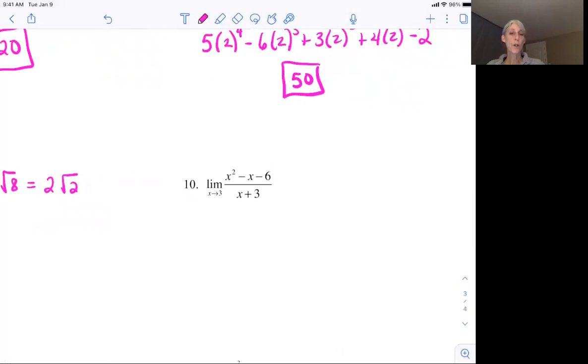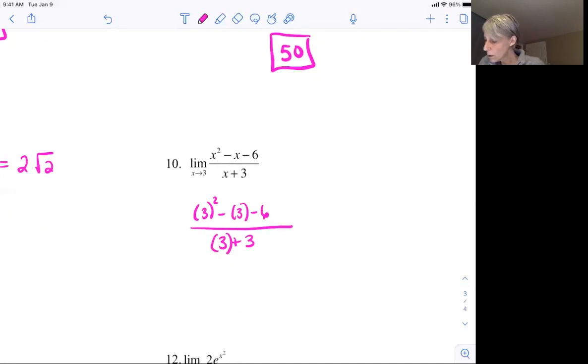The limit as x approaches 3, I'm plugging in 3 for x. 3 squared minus 3 minus 6, over 3 plus 3. 9 minus 3, so 9 minus 3, that's going to be 6. 0 over 6, which is 0.